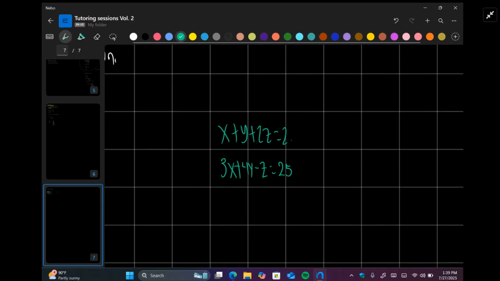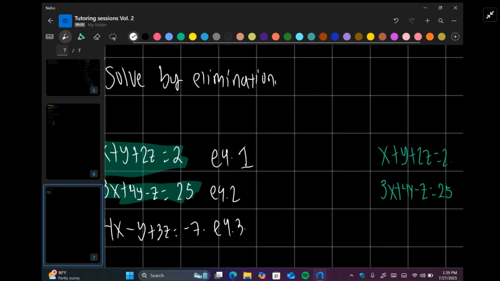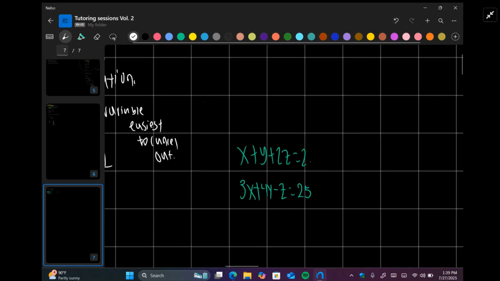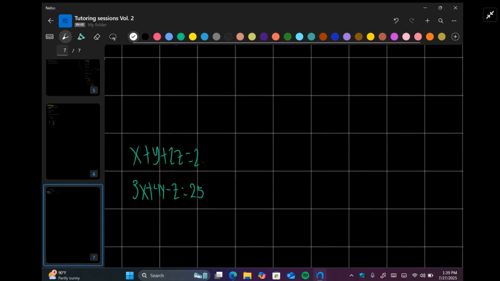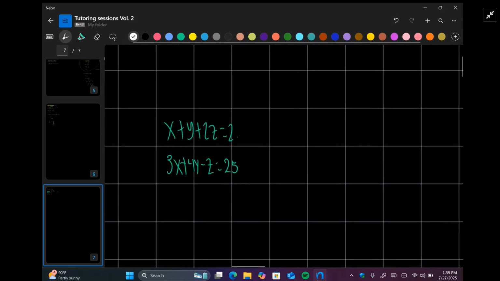So you want to try and cancel out the y term. You want to choose the variable that's easiest to cancel out. So we chose y in this case, and we're going to go ahead and do this.